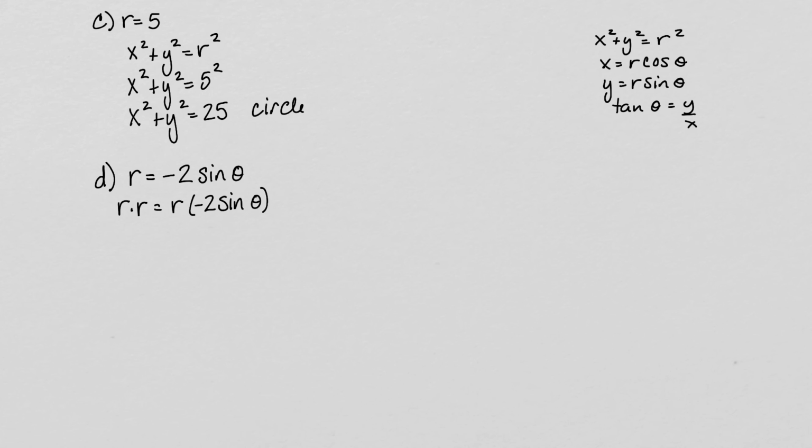I haven't changed my problem at all, because I've done the exact same thing to both sides. Now I have a little more to work with. On the left-hand side, r times r is r squared, and on the right-hand side, I could rewrite this as minus 2r sine theta.